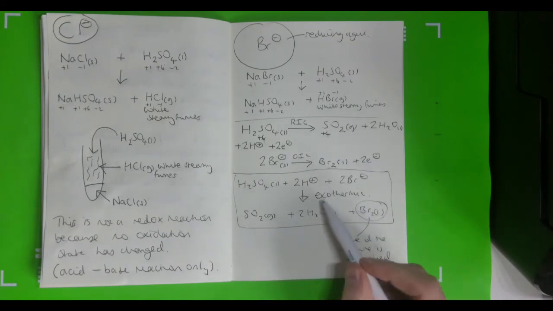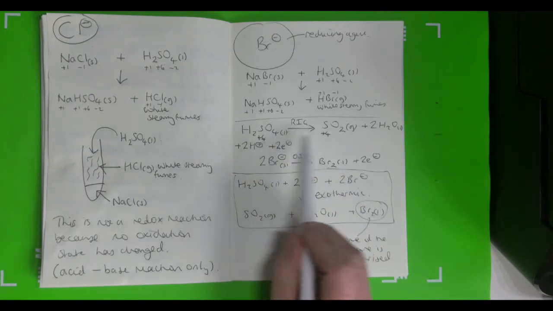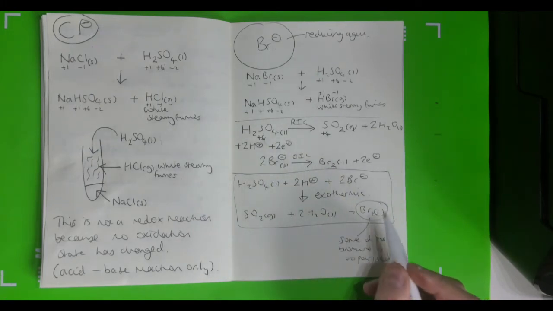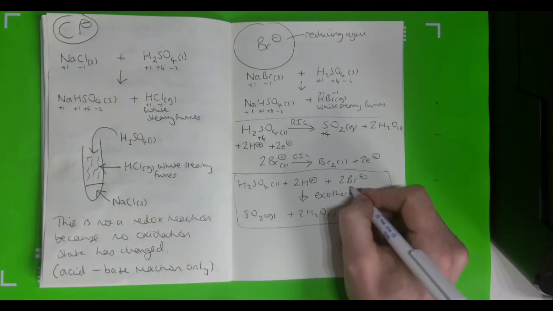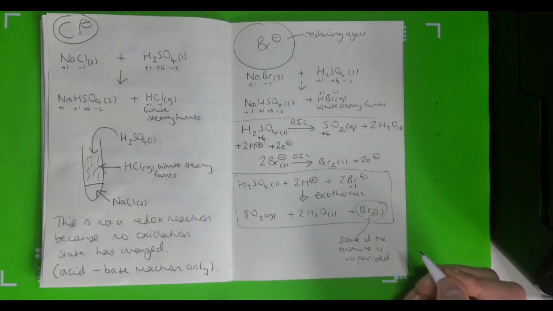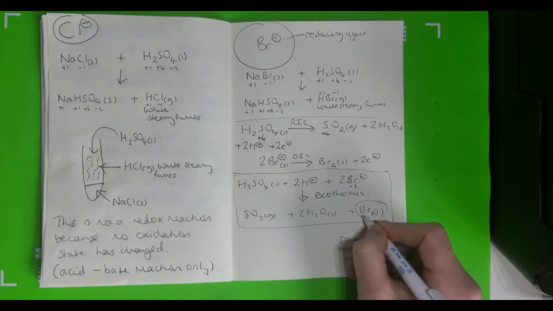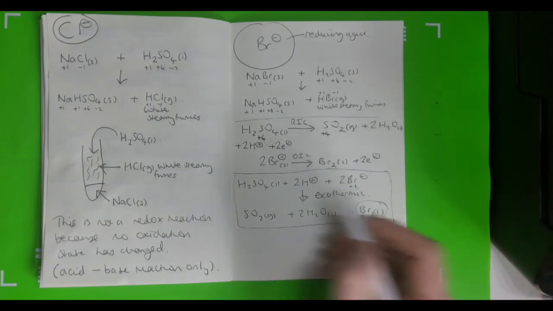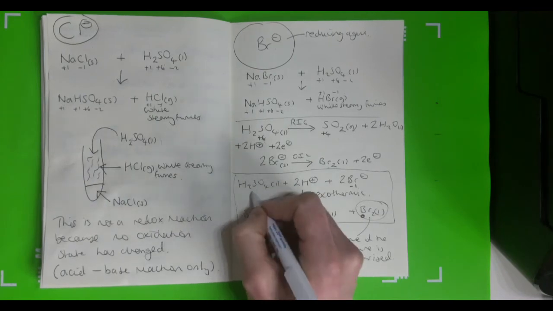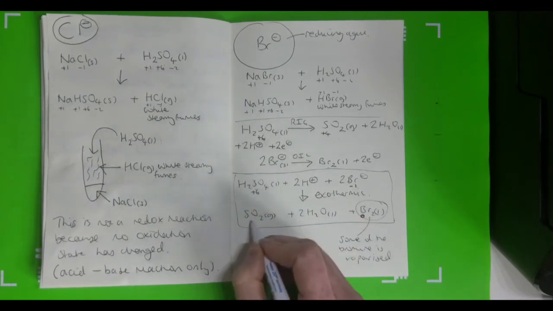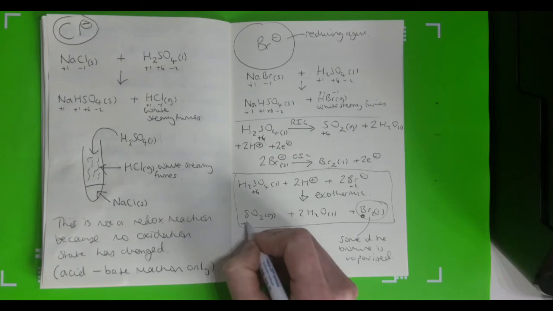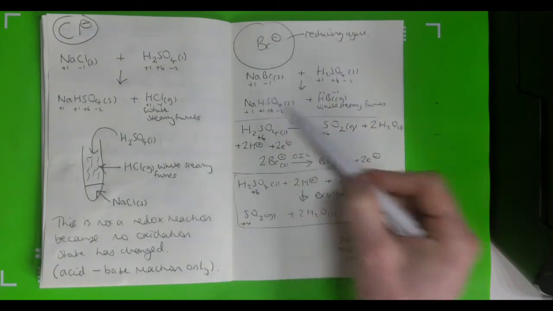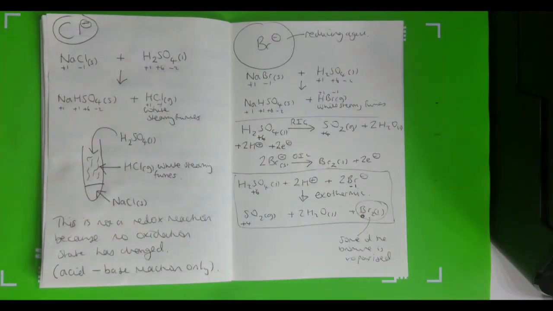And what we can do here is, let's just look at the oxidation states again. So we said that the bromide has an oxidation state of -1. Bromine is an element, so it's got an oxidation state of 0. Sulfur here has got an oxidation state of +6, but sulfur here has got an oxidation state of +4. So whereas in these acid-base reactions there was no change in oxidation state, within this redox reaction, that's why I call it a redox reaction, there is a change in oxidation state.